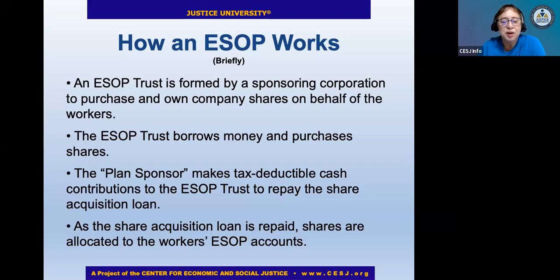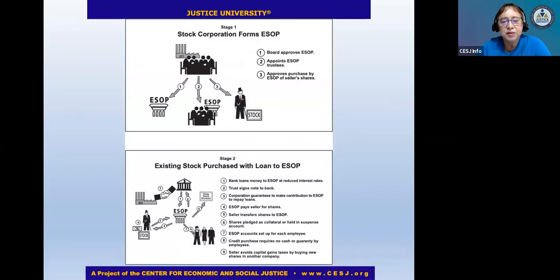And as the share acquisition loan is repaid, all these shares which are held in what's called a suspense account are released and allocated to each of the workers' ESOP account. So the employees are called beneficial owners.